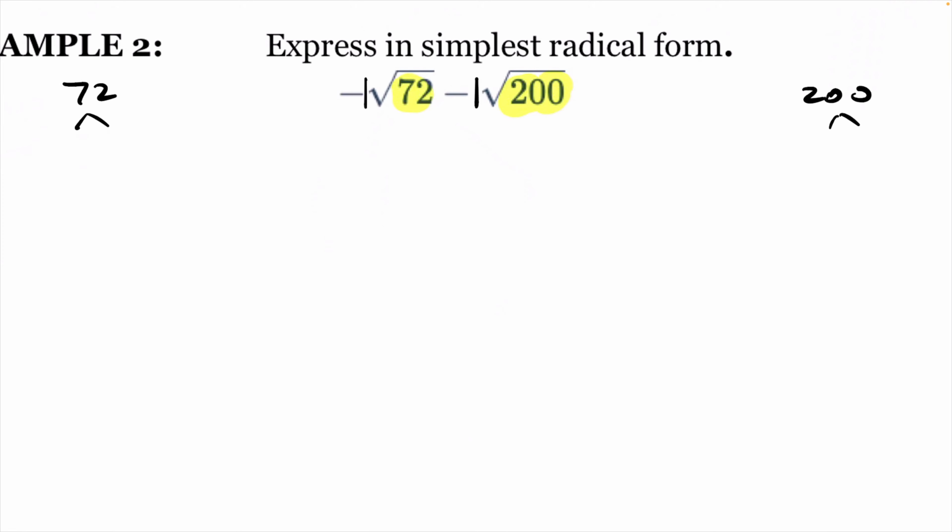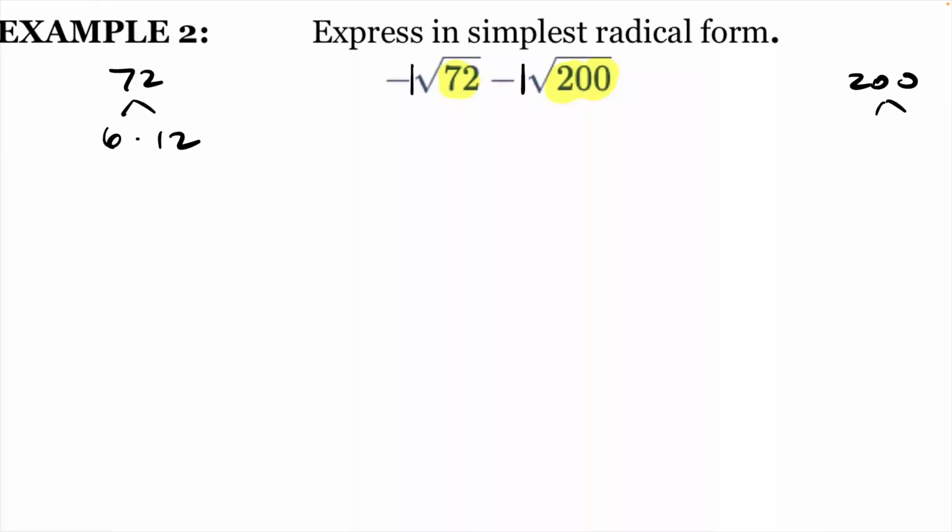So 72, what two numbers multiply to be 72? There's a few of them. Let's start with 72 first. 6 and 12, right? 8 and 9. 36 and 2. Any of those. 6 and 12. Break it down again. 3 times 2.